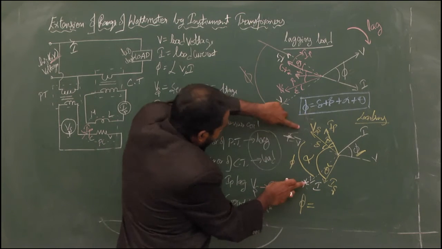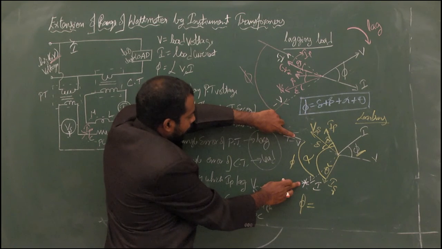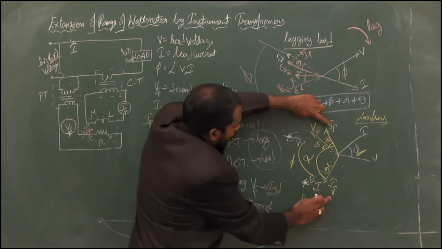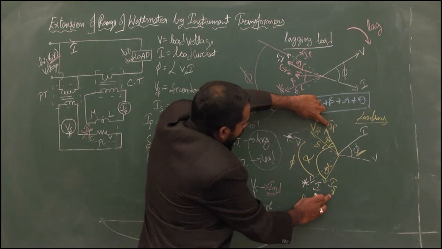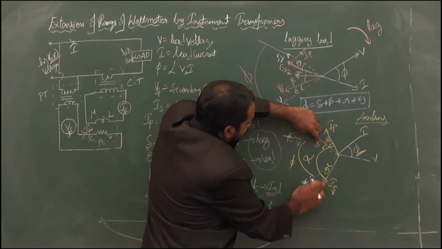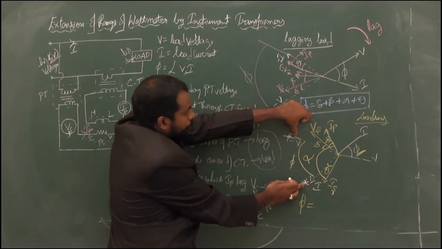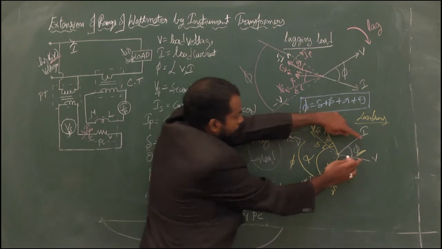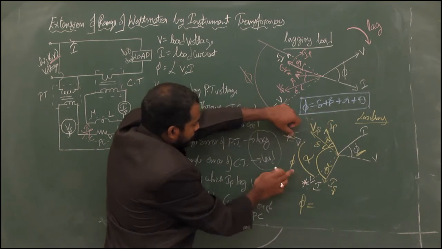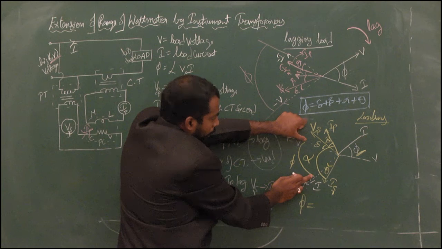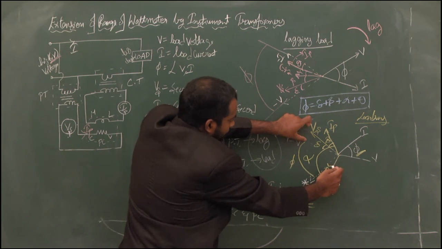So in order to calculate the phase angle difference between voltage and current, what do we have to do? From alpha, if you subtract beta, delta and theta, can you get the value of phi or not? See clearly, this is phi. We have done the projections of phi. This entire angle is alpha.